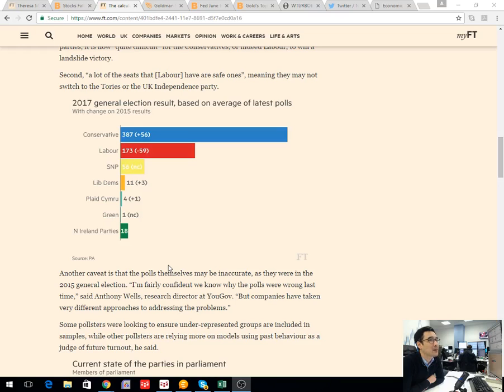So for a Remainer, which, let's not forget, it was an awfully close call when we did have the EU referendum last summer, does the Liberal Democrat Party offer a credible alternative or protest vote, if you like, not that they would become the winning party, but that they could stop an outright runaway majority of the Conservatives?